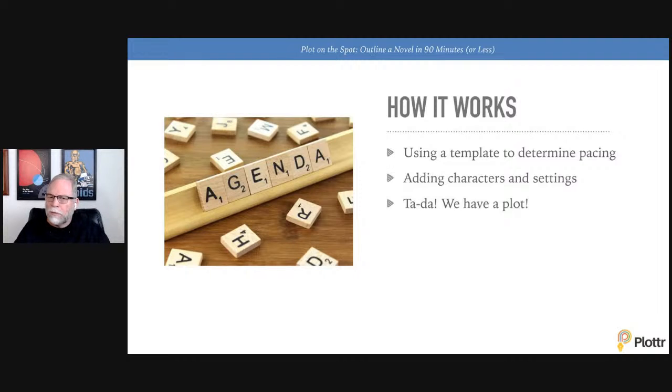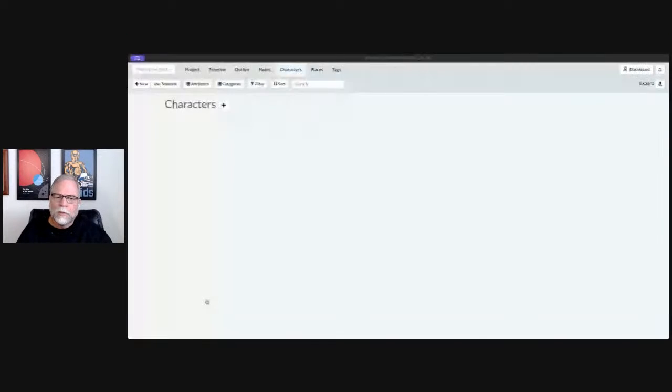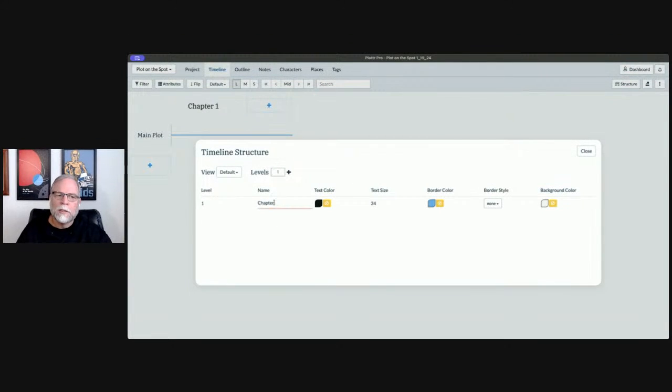Okay, if everybody is ready, I'm going to switch over to Plottr, and we're going to start in the timeline view. I'm going to change some things right away. I'm going to go up to the structure button and change this to beats, or actually, you know what, I'm going to change it to a scene.